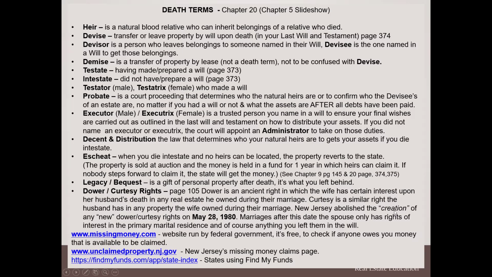And New Jersey abolished the creation of any new dower and courtesy rights as of May 28th, 1980. Another date to know. Marriages after this date, your spouse only has the right of interest in the primary marital residences. Any other properties that you owned, your spouse doesn't have the right to lay claim to them.